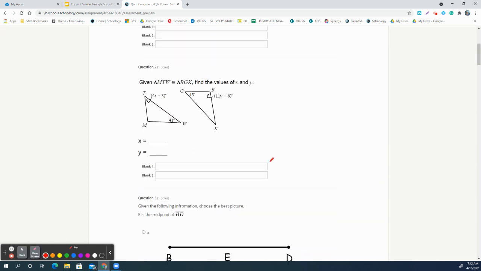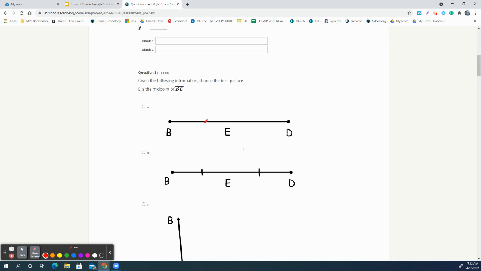So the first one is question number 3. E is the midpoint of BD. So if I sketch that before I even look at the answer choices, what I know is that BE and ED are congruent. That's the definition of a midpoint.